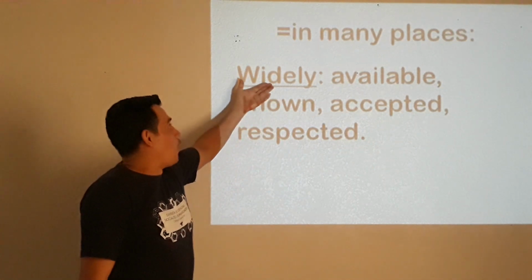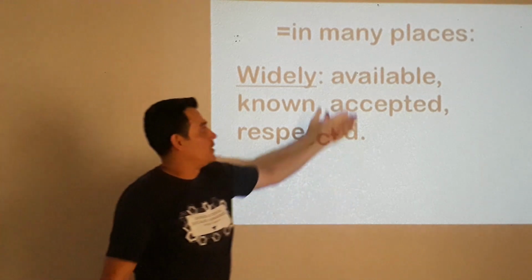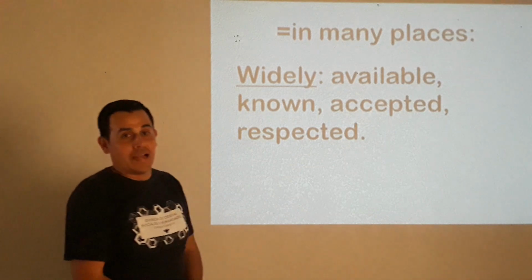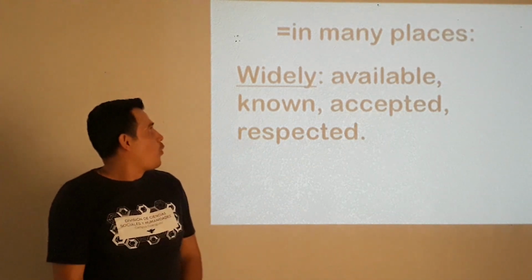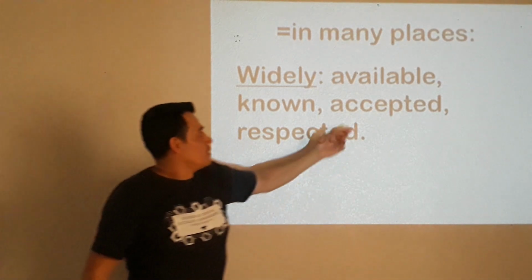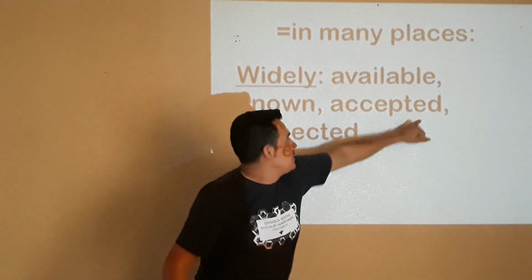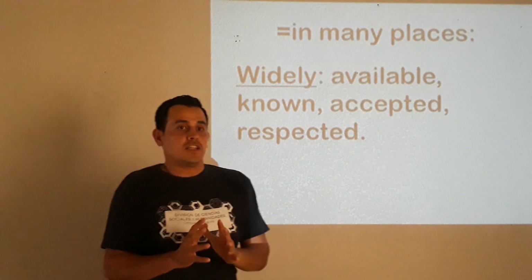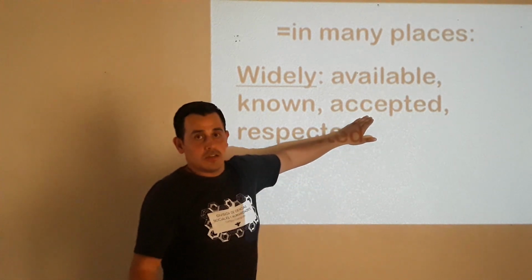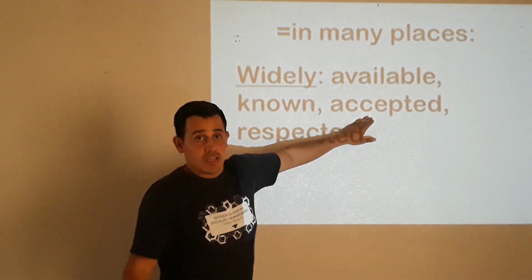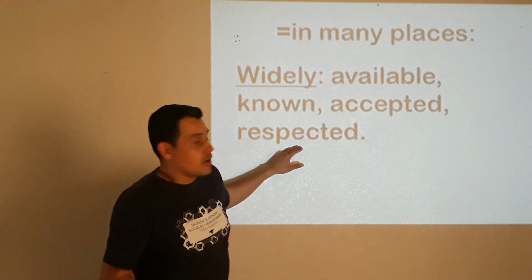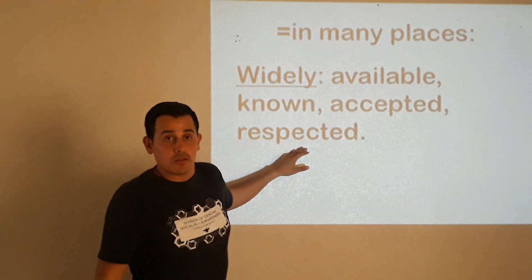Then the adverb widely, and then widely available, widely known, widely accepted, widely respected. And you see this? The ed ending. This is to give you a heads up. These are still adjectives. Okay, they may look like verbs in the past or past participle, but they are adjectives as well.